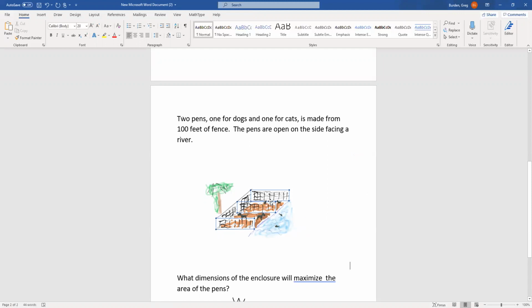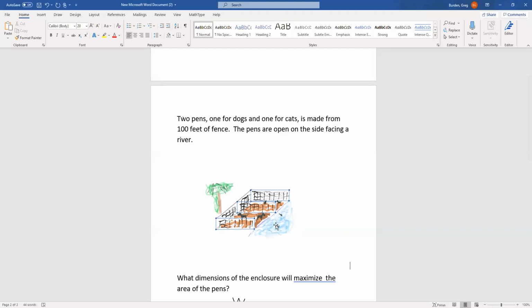What we have is a pen for dogs and cats. We have sections of fencing that are separating the two groups of animals, and here we have a river on one side. They can get to the river, drink some water, watch the fish. We're assuming the dogs aren't going to swim away.